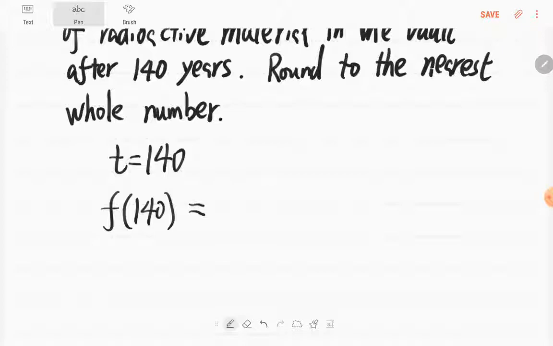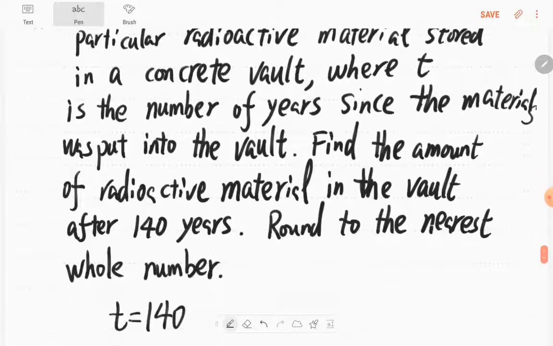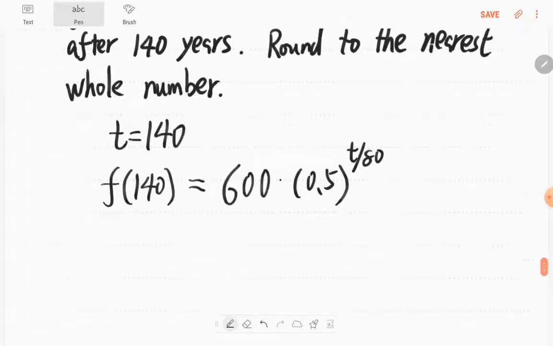It follows this rule: 600 times what? Let's go back to see. It's 0.5, and the power is t over 80. Okay, sorry. So here we should plug in t equals 140. So it should be 140 over 80.